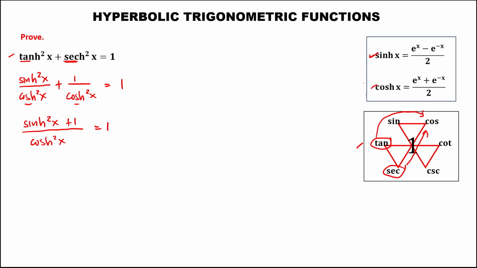Then we can now use the identities for the hyperbolic sine and hyperbolic cosine.